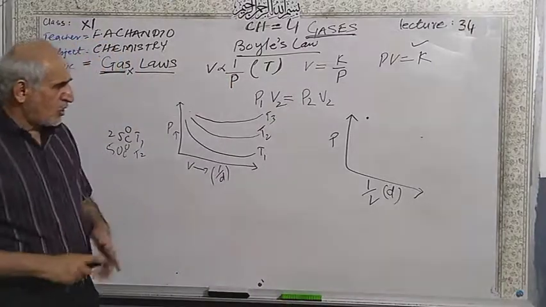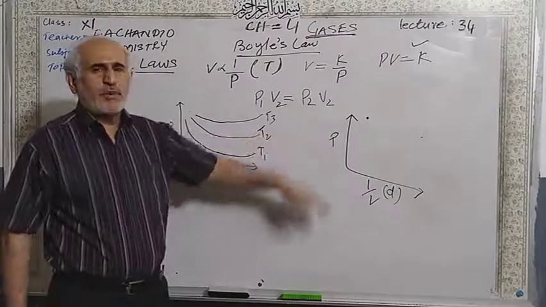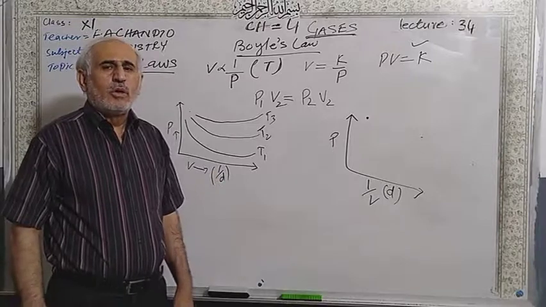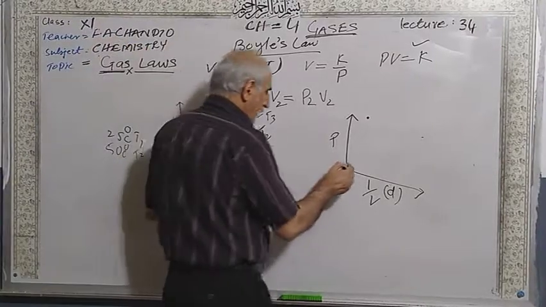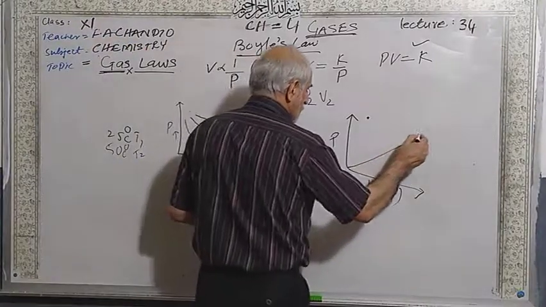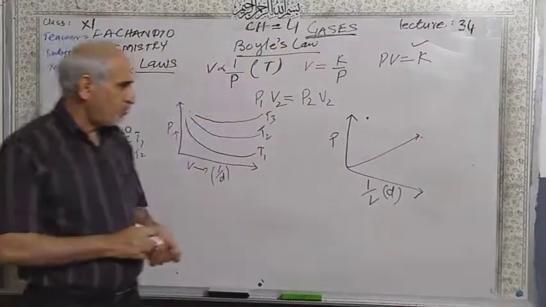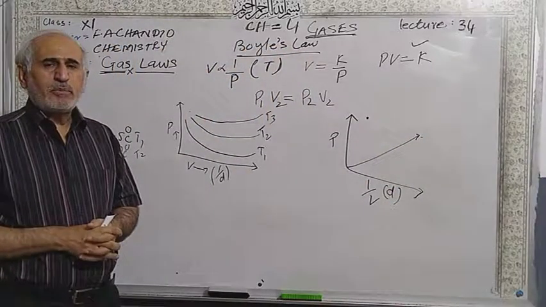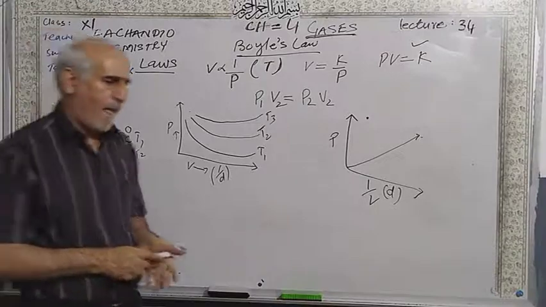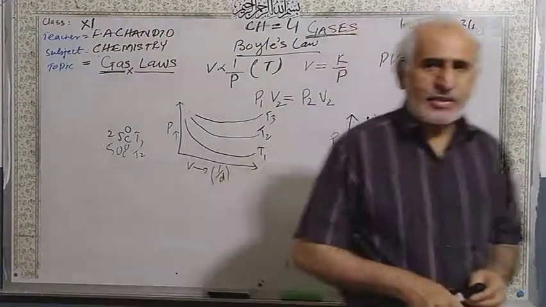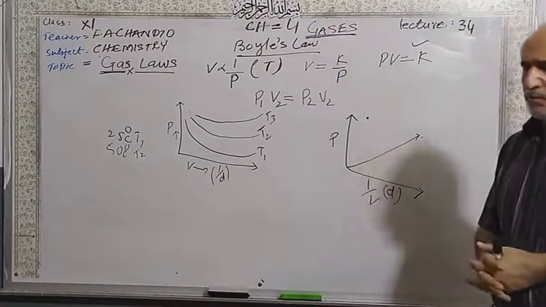It shows the inverse relationship between pressure and volume. Then you will find a straight line that passes through the origin.